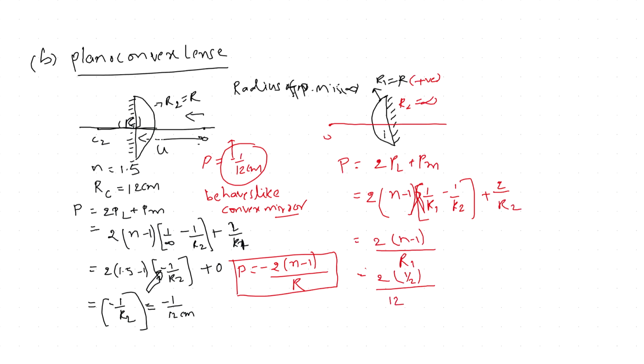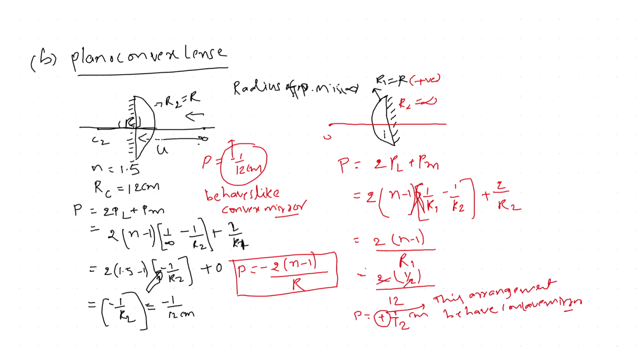So now P is equal to plus 1 by 12 centimeter. See here, the plus indicates this arrangement behaves as a concave mirror, because power positive means it is a converging mirror, so concave mirror. Power negative means it is a convex mirror.